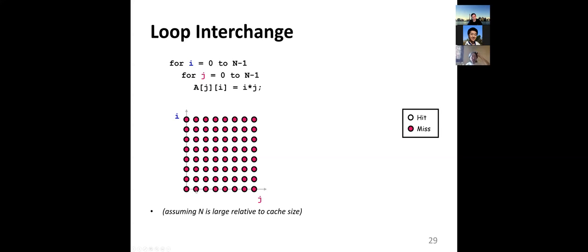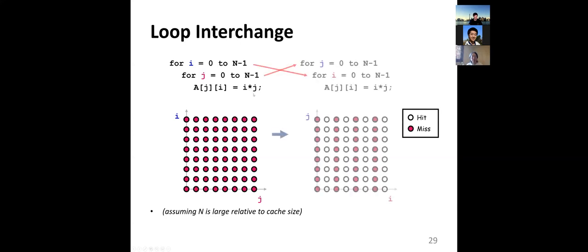So even though I accessed A10 here, when I try to access A10 again here, it might have been gone by then. So you might end up with every single access here being a miss. You see, even though things are nicely located in memory, that might not be nice with respect to how we access them.